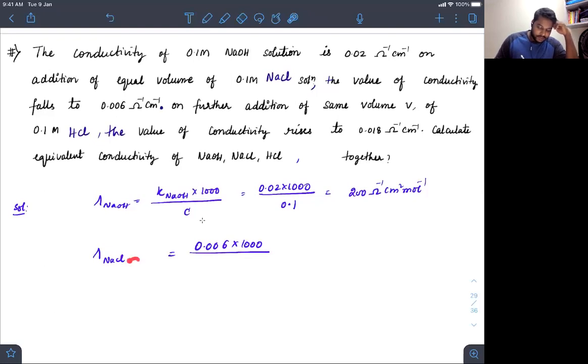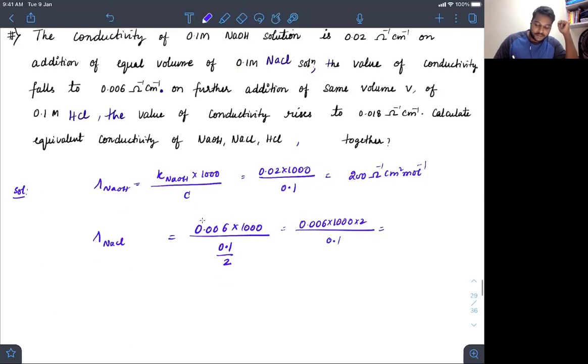So I'm not writing it as NaOH separately here, but including NaOH, this is the concentration which we have. And concentration here is given as further addition of volume V of 0.1 molar, equal volume. So since it is equal volume, it has to be 0.1 by 2. So it is 0.006 into 1000 into 2 divided by 0.1, right? So that is coming out to be around 120 ohm inverse centimeter square and mole inverse.